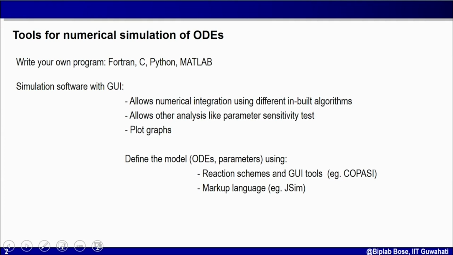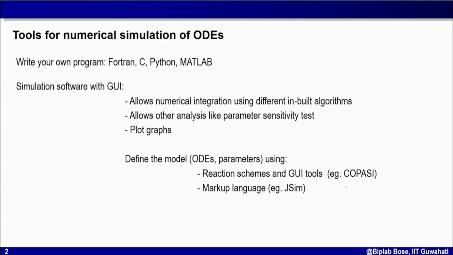Some of these GUIs have an option where you can simply write down the equation and ask the system to simulate the model. In some cases, you have to use a particular markup language that is understood by the software to define the model. Depending upon your choice, you will use one of them.